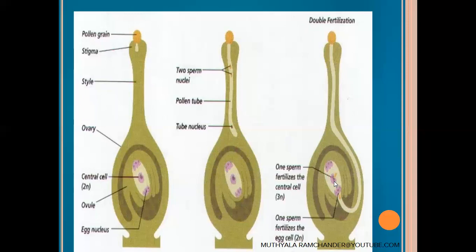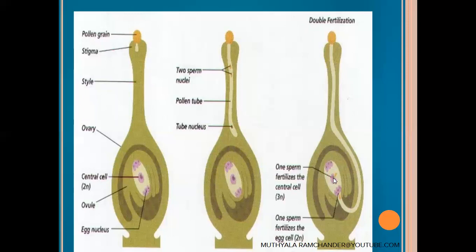It is also called double fertilization. Double fertilization was identified by the scientist Nawaschin. The first fertilization was identified by Strasburger, and double fertilization, or triple fusion, was identified by Nawaschin.